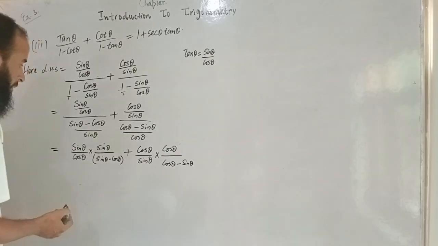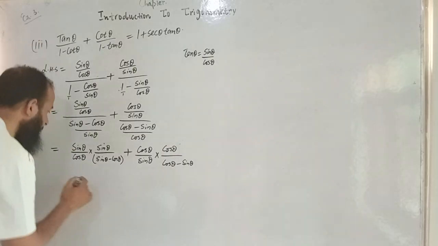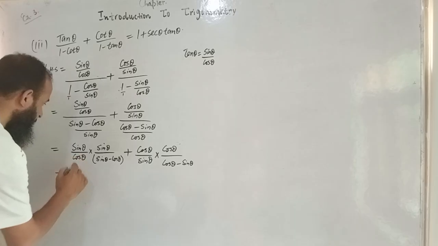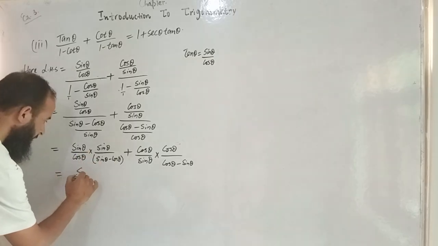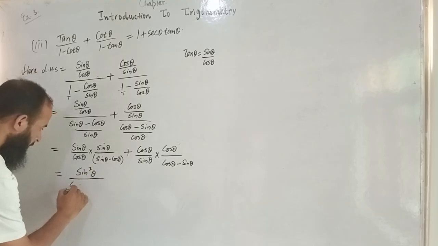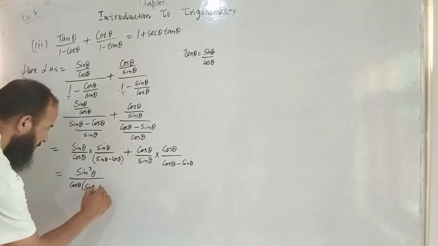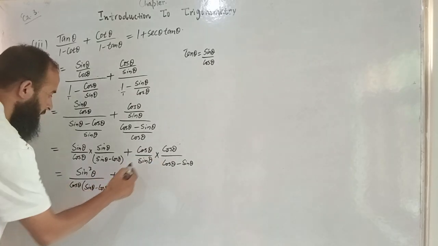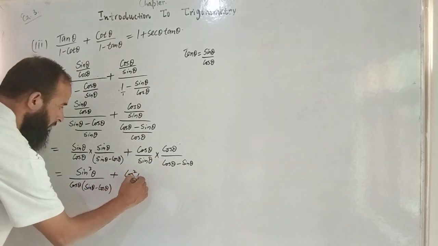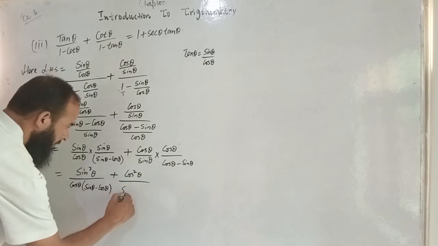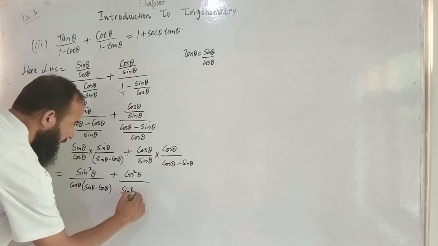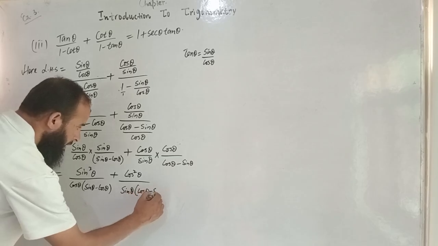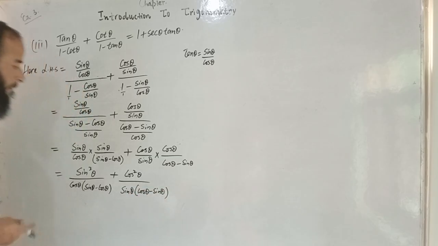Okay, now see, it is sine theta into sine theta. This will be sine square theta upon cos theta into sine theta minus cos theta, plus cos theta into cos theta, it is cos square theta upon sine theta into cos theta minus sine theta.